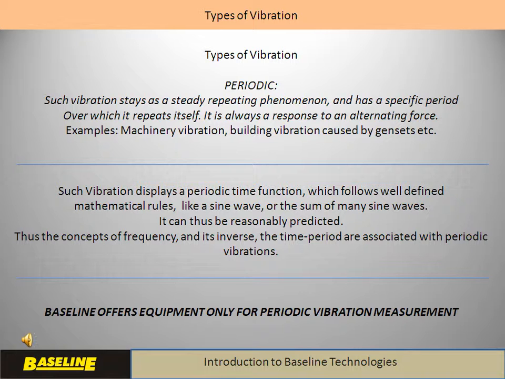For example, machinery vibrations and also structural vibrations caused by gensets or air conditioning plants, etc. Such vibration displays a periodic time function which follows well-defined mathematical rules like a sine wave or the sum of many sine waves. It can thus be reasonably predicted. Thus, the concepts of frequency and its inverse, the time period, are associated with periodic vibrations.